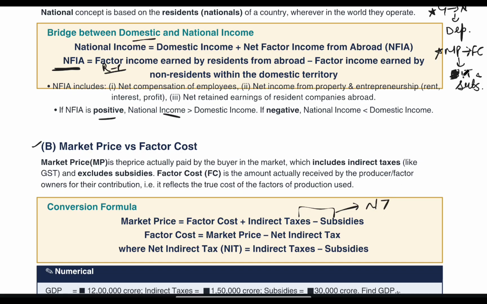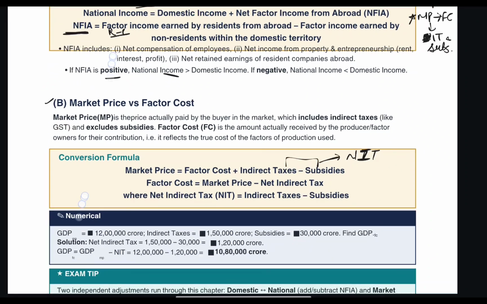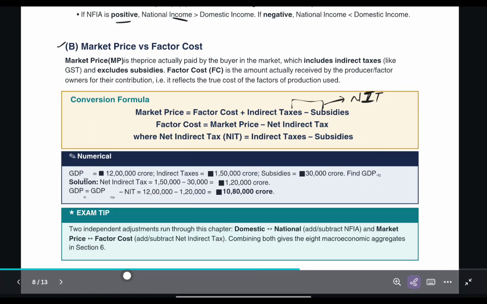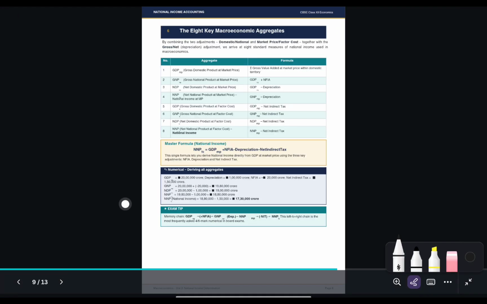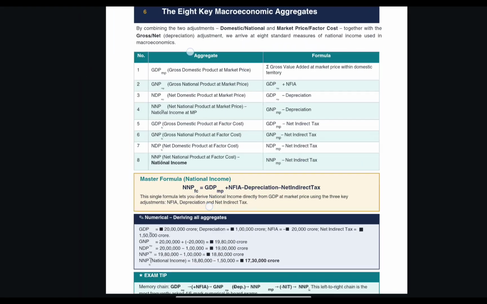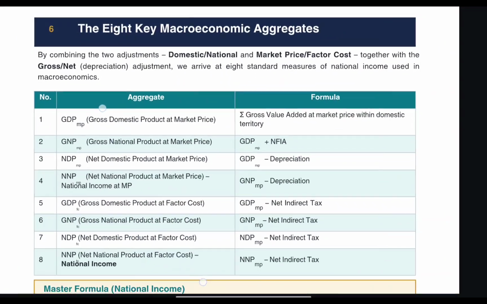So here it is indirect taxes and subsidies, and together these make net indirect taxes. So when we subtract subsidies from indirect taxes, we get net indirect taxes. Got it? And this topic is also done. And here our chapter is complete.